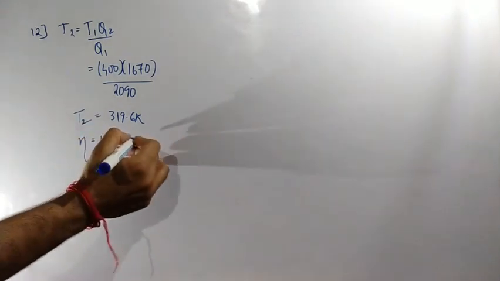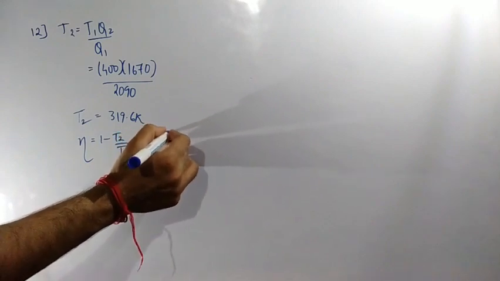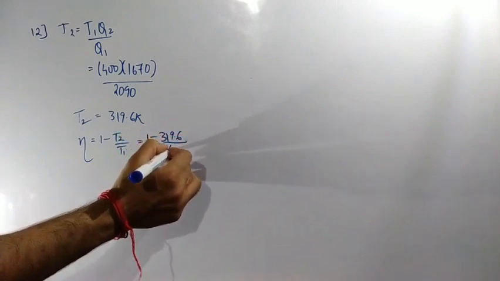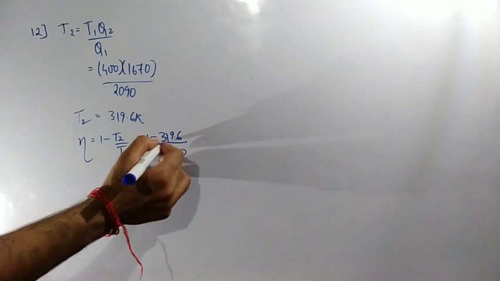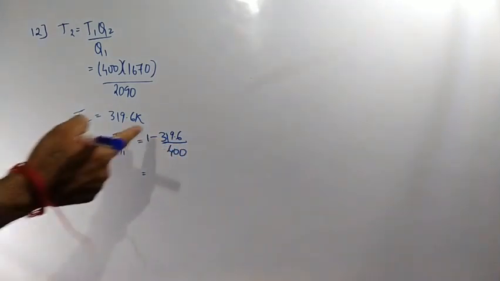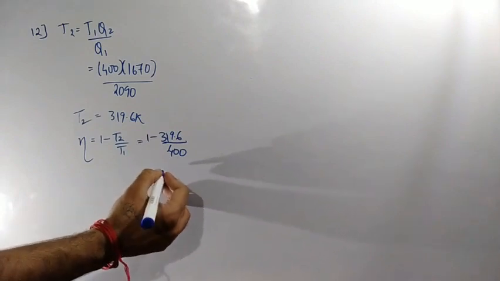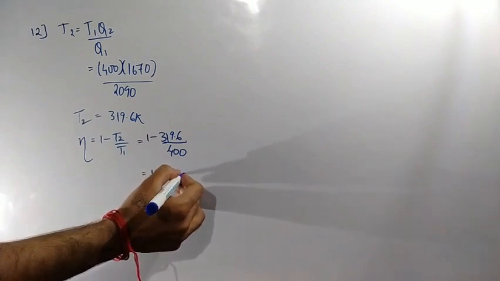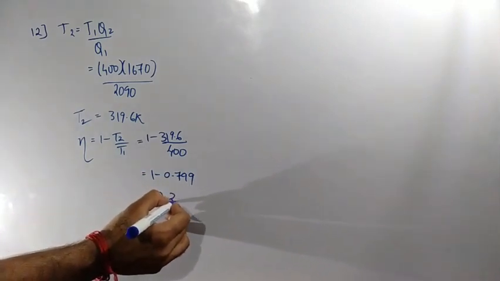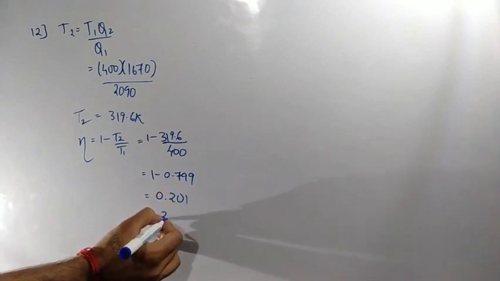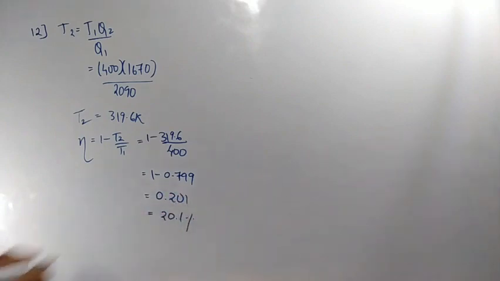So 1 minus 319.6 by 400. 319.6 by 400 will turn out to be 0.799, so the complete value we are going to get is 0.201, or we can tell it as 20.1%. Clear? 20.1%.